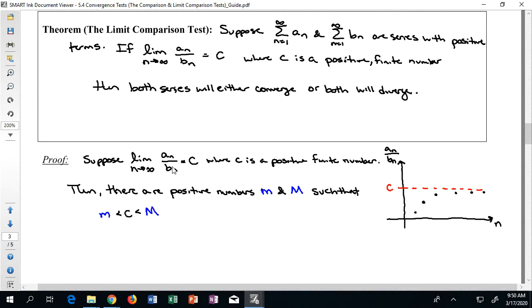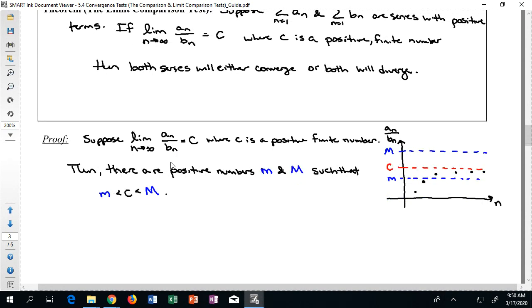If C is a positive number, then it's got to be somewhere like in the picture. It can't be on that n axis. It's got to be above it. But then that means there's got to exist some value that I could draw that's lower than it, and some other value I could draw that's higher than it, right? I sandwich the C in.